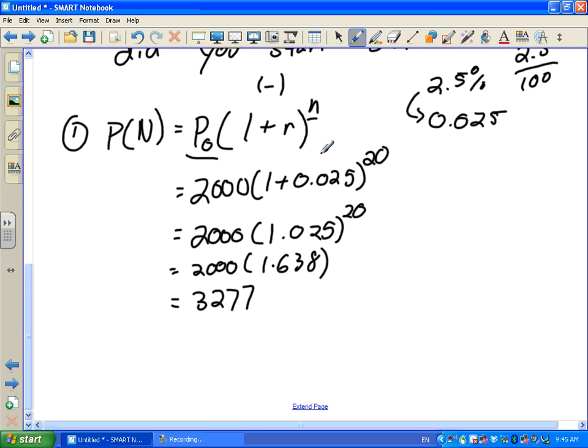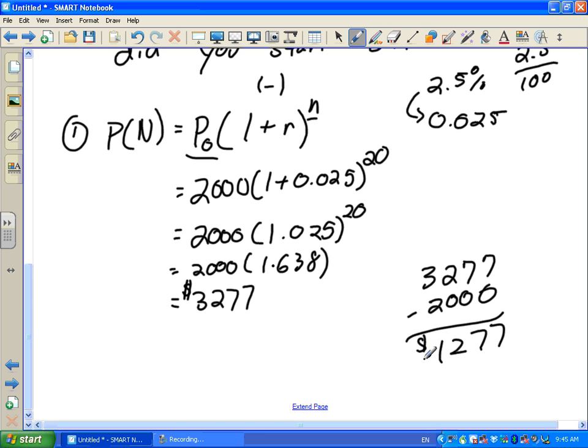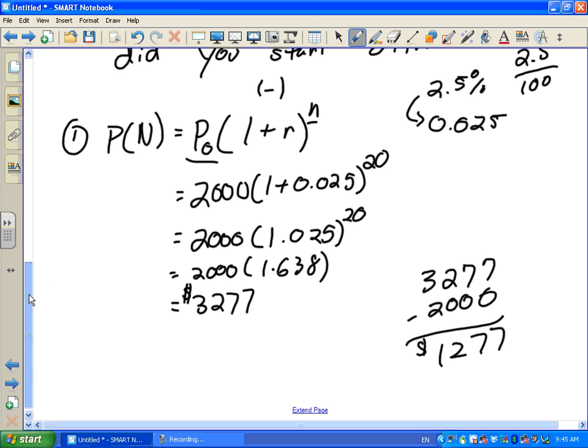So after 20 years, at 2.5%, his $2,000 has become $3,277. How much has he made in 20 years? Yes, we just subtract our new amount from what we started with. He made $1,277 in 20 years. It's not that great. Could have invested better.